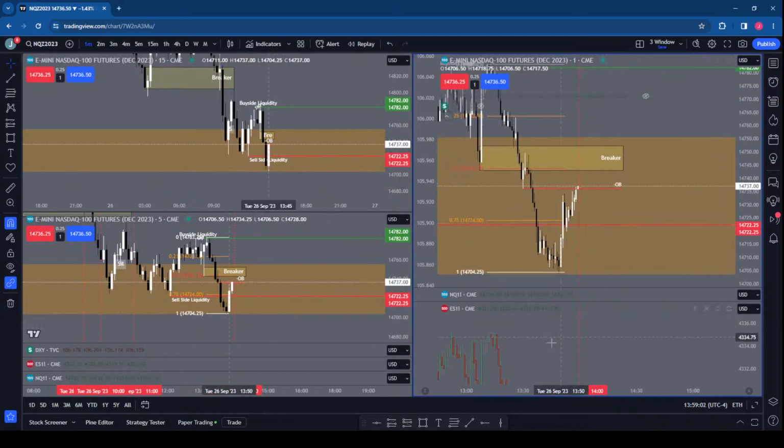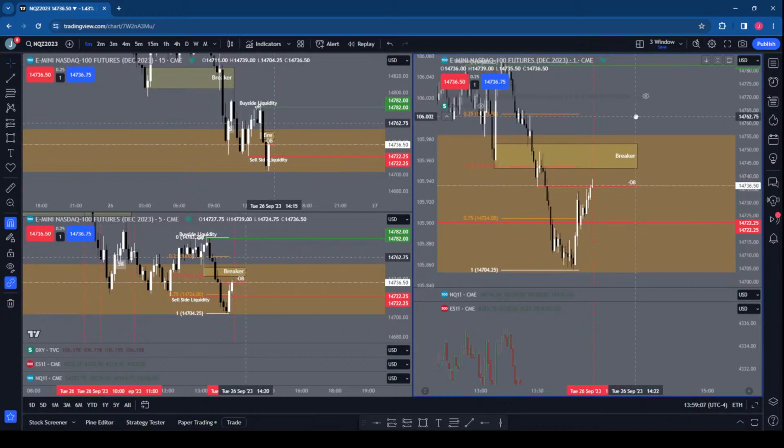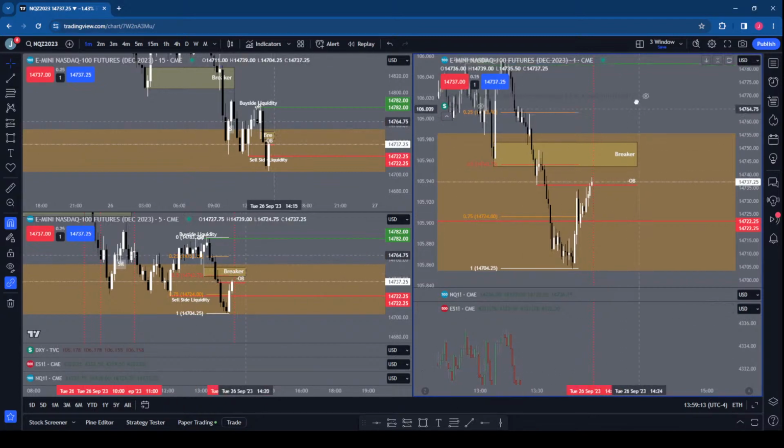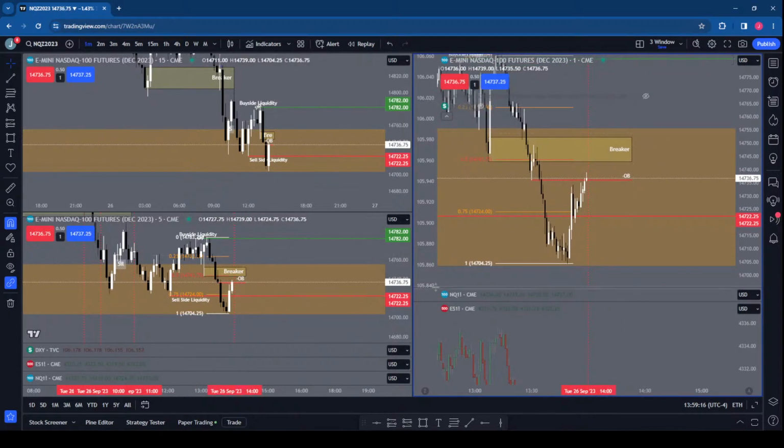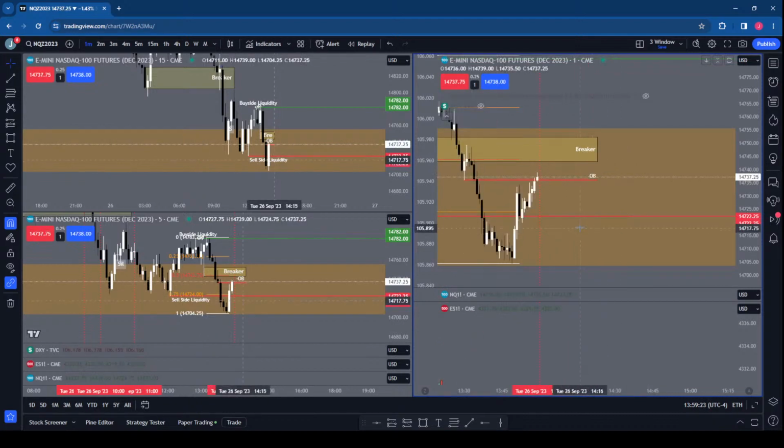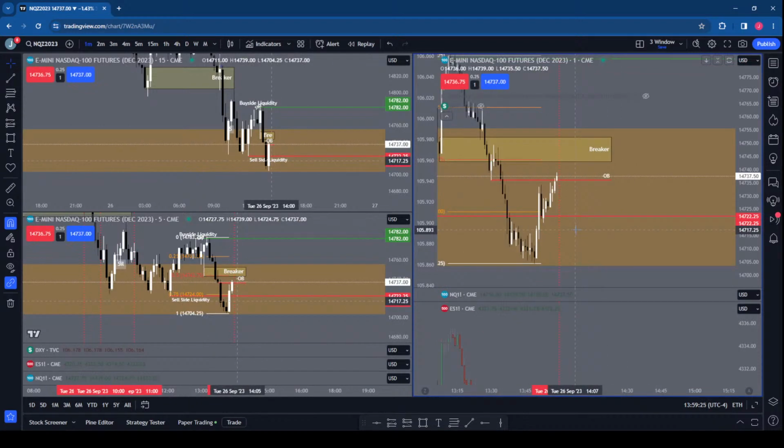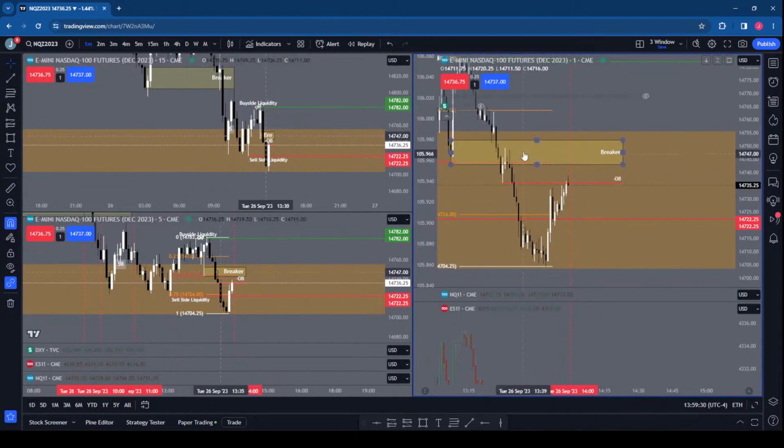So let's see. Let's see. If we were to enter short, I'd probably place the stop right above this candle high because I don't want to see any high taken.